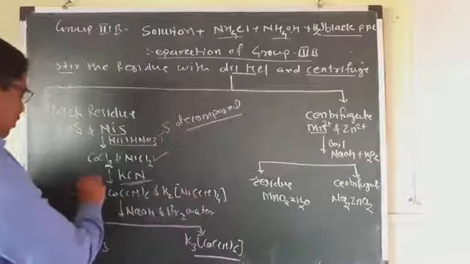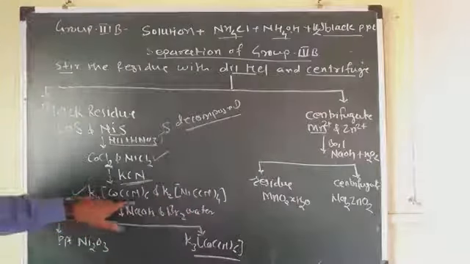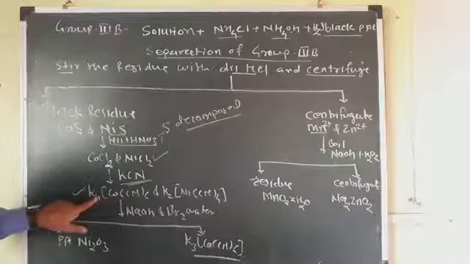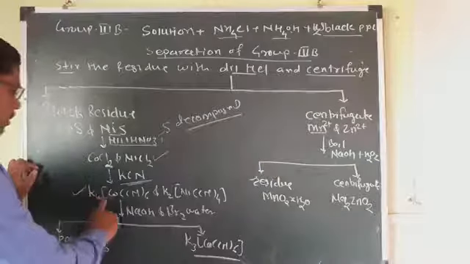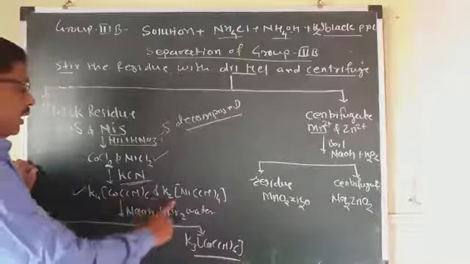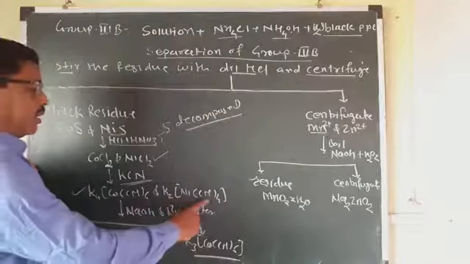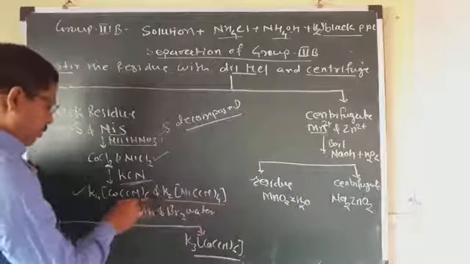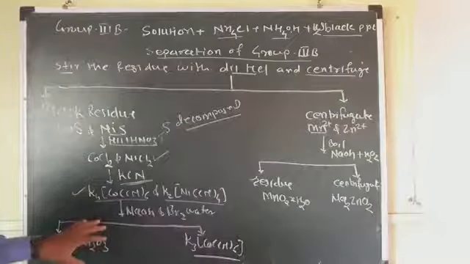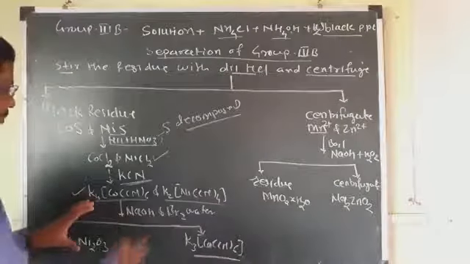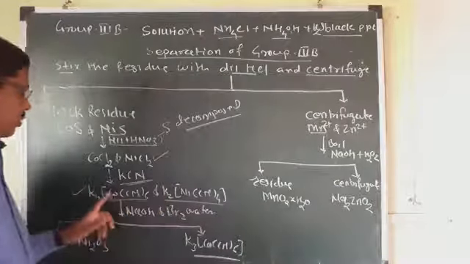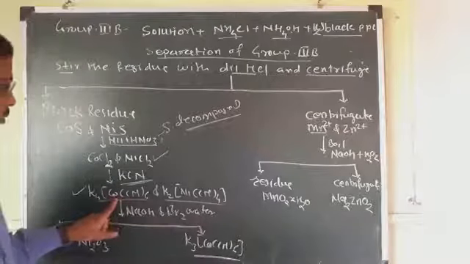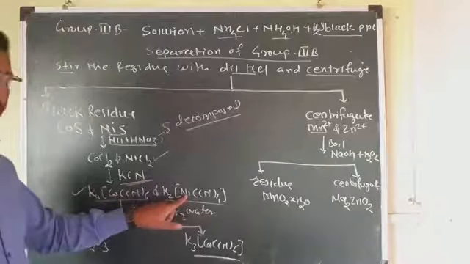These salts are water soluble: potassium hexacyanocobaltate and potassium tetracyanonickelate. These complexes are formed in the solution, which is a mixture of cyanocomplexes of cobalt and cyanocomplexes of nickel.